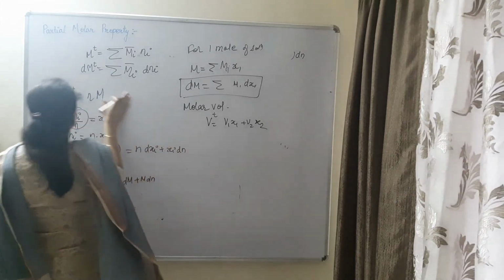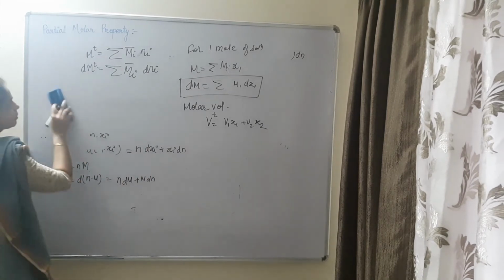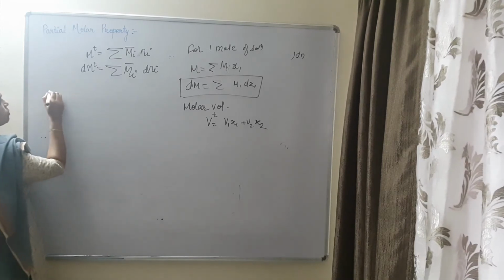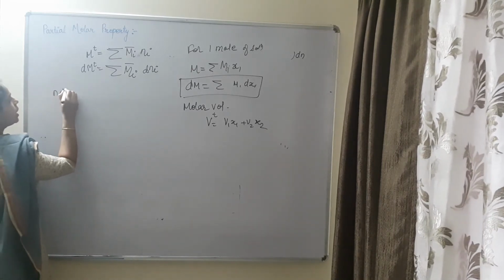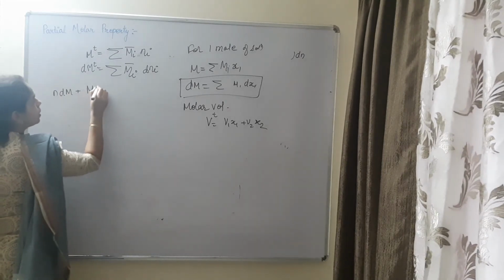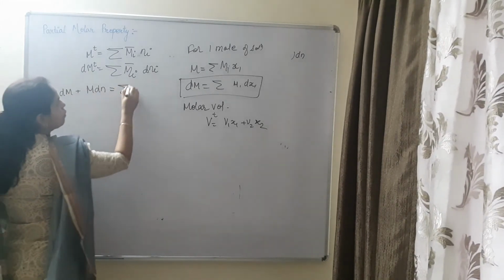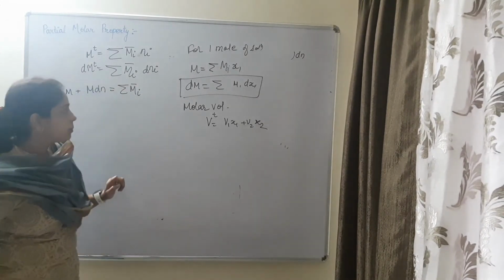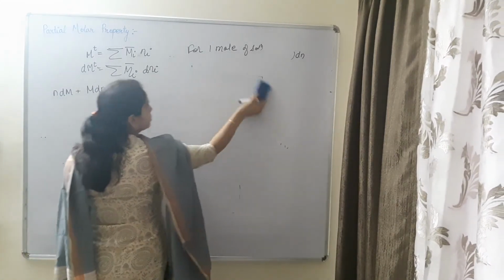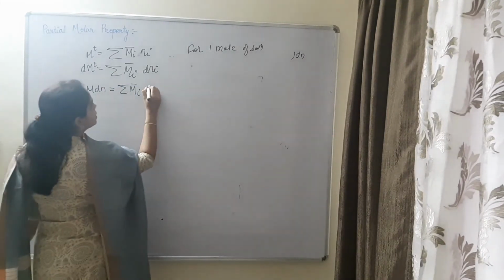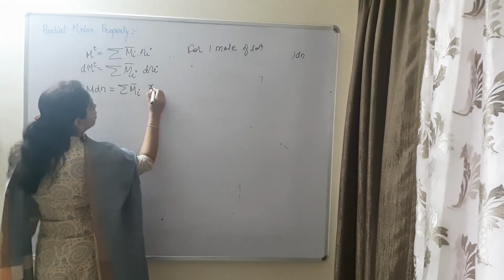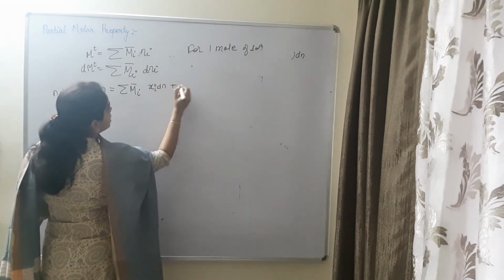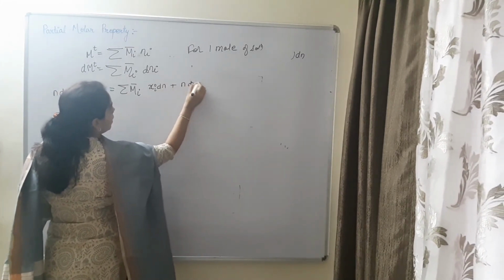So when you replace this, in place of this we get n dm plus m dn. Then the summation of mi bar remains the same. In place of dni we have first xi dn plus n dxi.